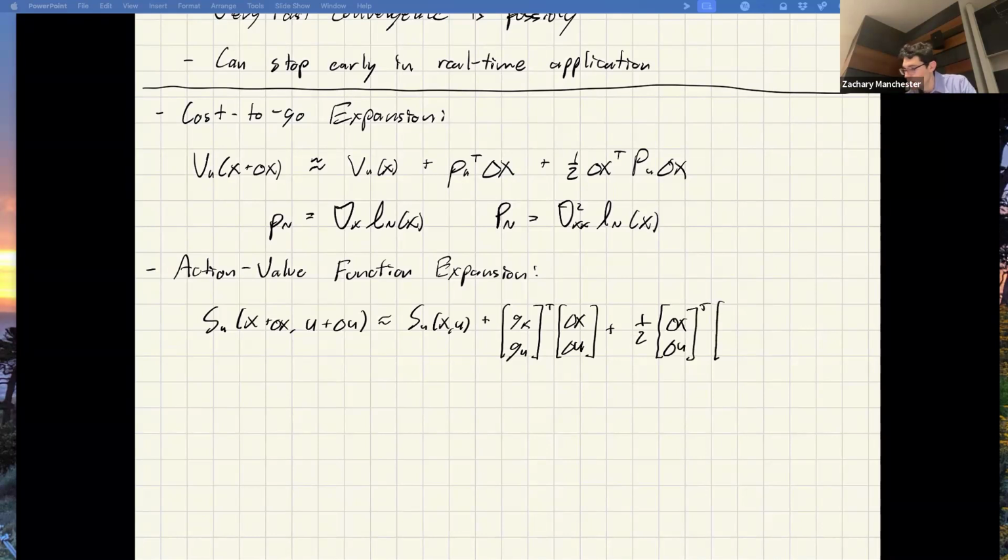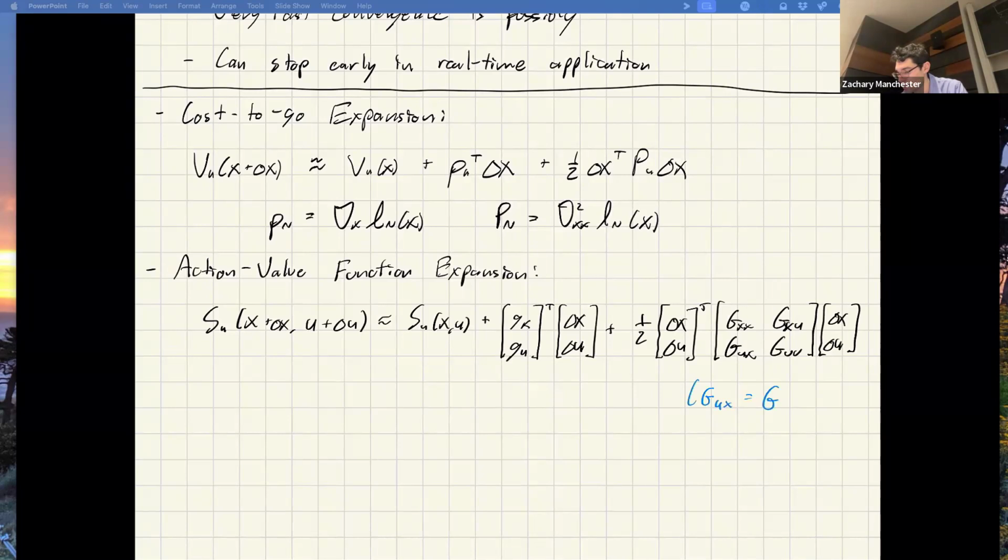So we're going to have G_XX, G_XU, G_UX, G_UU for the different blocks. Remember, this is a Hessian, so it's got to be symmetric. In particular, G_XU is G_UX transpose and vice versa.